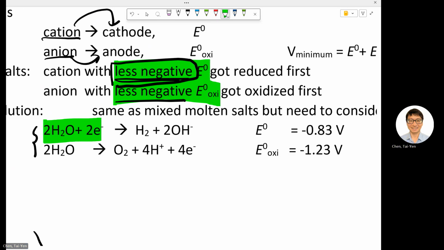Okay, every time I say one molecule undergoes a reduction potential, you should have an idea that equation-wise, what it means is you add in the electrons, right? So you need to know when the water gets electrons, what it is going to produce. I would suggest you memorize this.